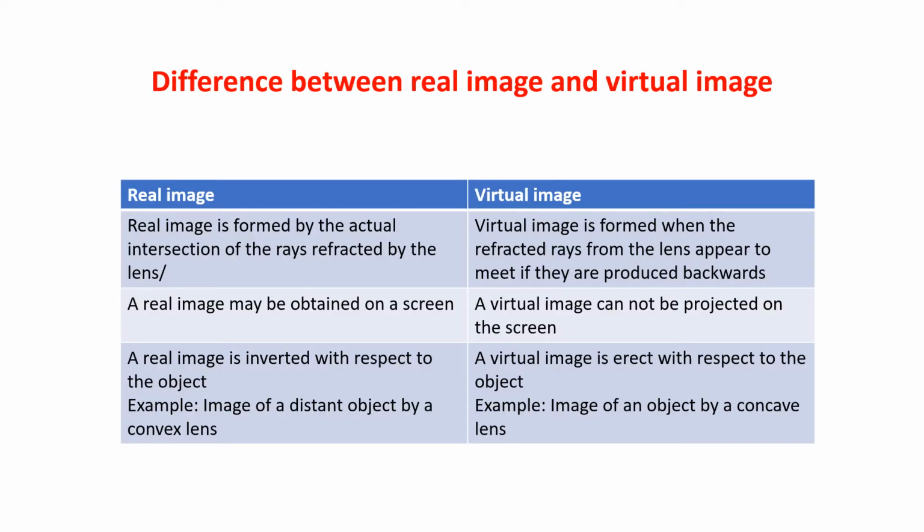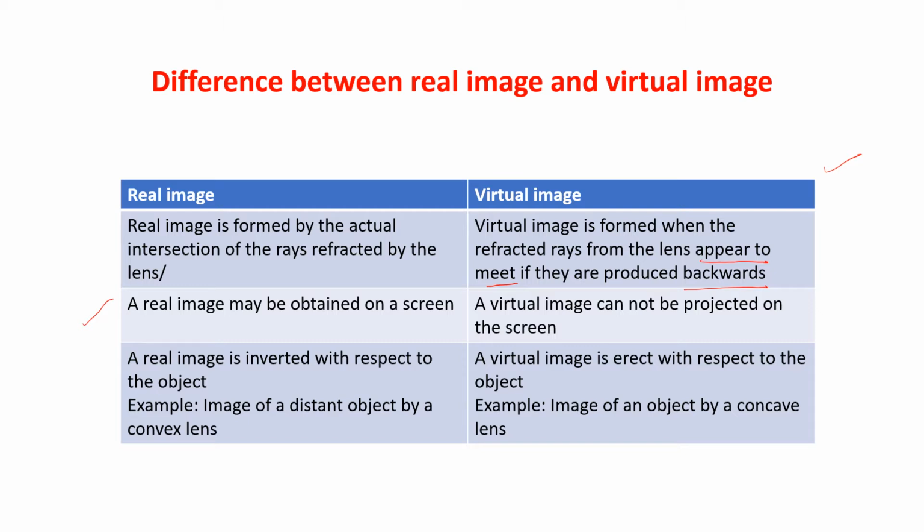Important slide: difference between real image and virtual image. A real image is formed by the actual intersection of the rays refracted by the lens. A virtual image is formed when the refracted rays from the lens appear to meet if they are produced backward. A real image may be obtained on a screen.